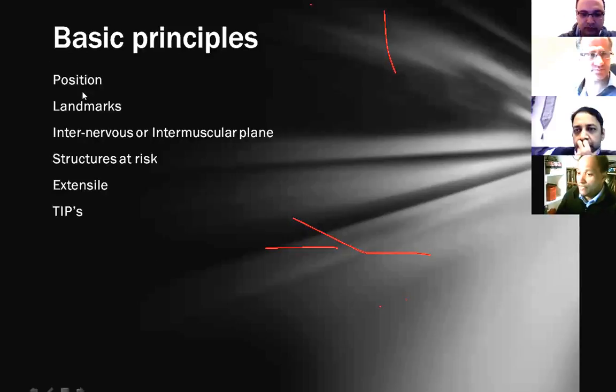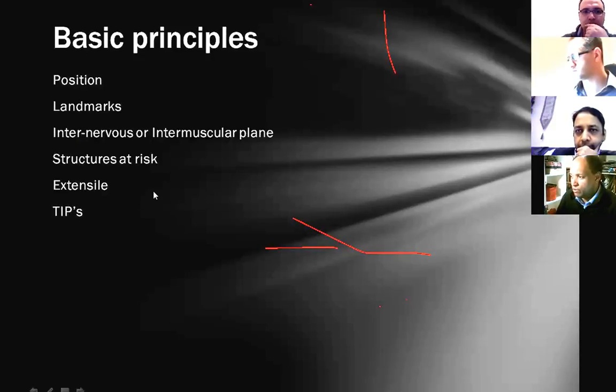These are the key things that the examiner wants to know: position, landmarks, internervous or intermuscular planes, structures at risk, extensile, and any tips. I would recommend Alex Trumpter's little book on trauma for the FRCS. It has all the major approaches on maybe four or five pages.